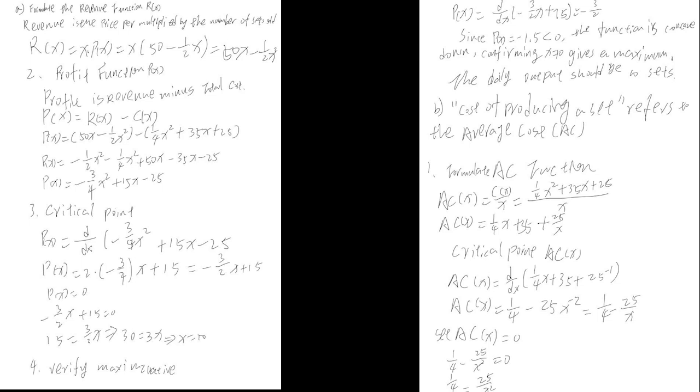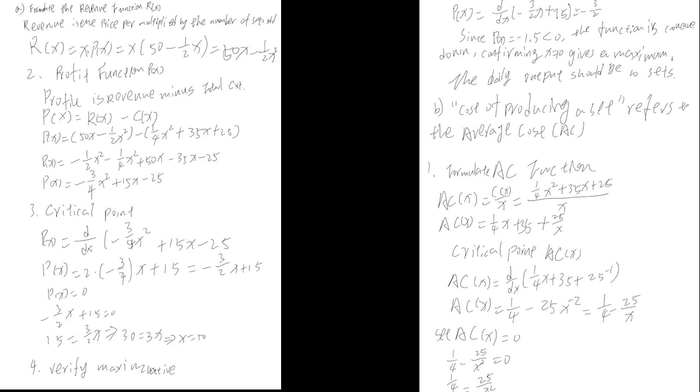For step 2, we need to find the profit function P(x) equals R(x) minus C(x). P(x) equals 50x minus 1/2 x squared minus (1/4 x squared plus 35x plus 25).